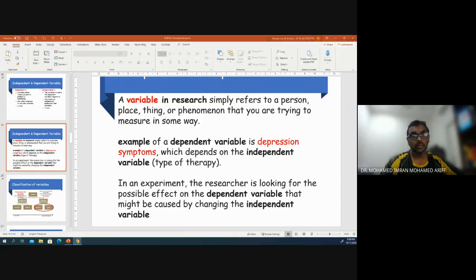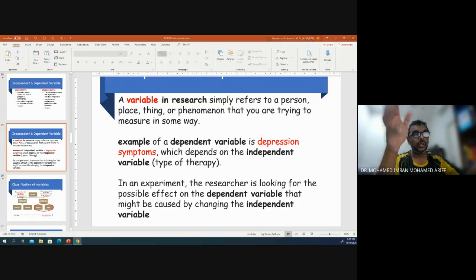Depression is the outcome. How to overcome this outcome is maybe through therapy. Higher therapy, lower depression. Meaning, if someone goes for a lot of therapy, his or her depression can come down.